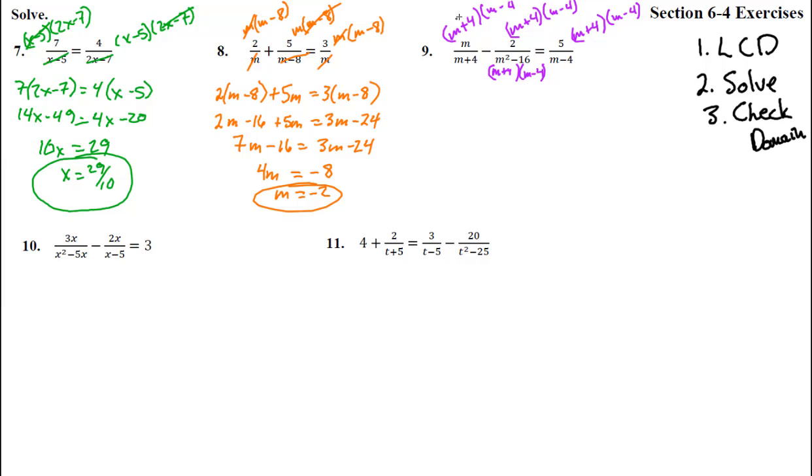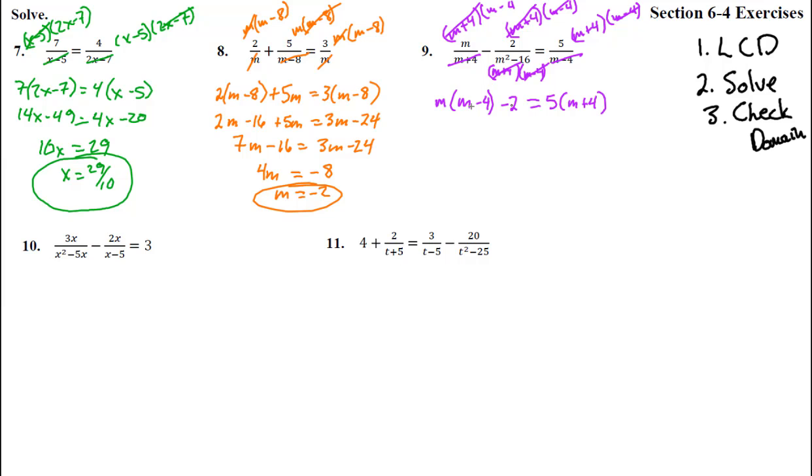Good. Okay, so what cancels? M plus 4 cancels here, and we're left with m times m minus 4. The m plus 4's cancel, the m minus 4's cancel, and we're left with just the negative 2. Be careful on that minus sign to make sure and bring that down. Equals, and the m minus 4 cancels, and we're left with 5 times m plus 4.